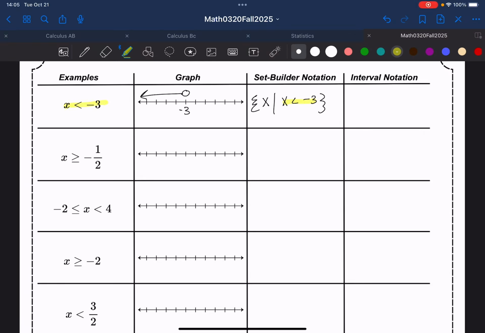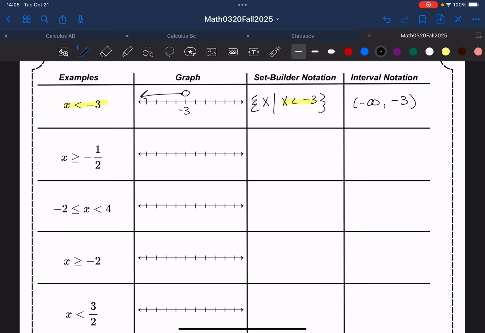Notice that I just moved whatever my inequality was inside of the curly brackets, and that is my set builder notation. For interval notation, this is saying x is all numbers smaller than negative 3, which means I'm going to approach negative infinity and go up to negative 3. But since I have an open circle on the negative 3, I know I'm going to use a parentheses.